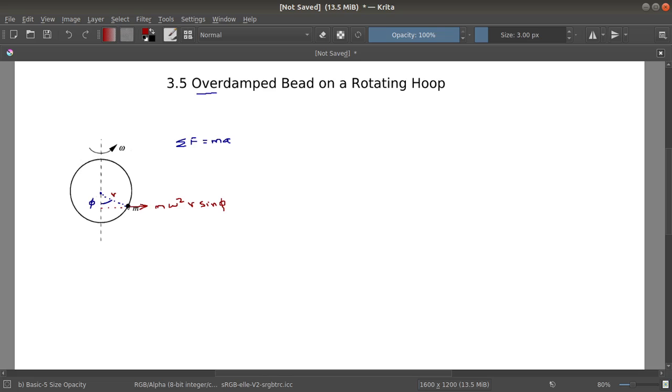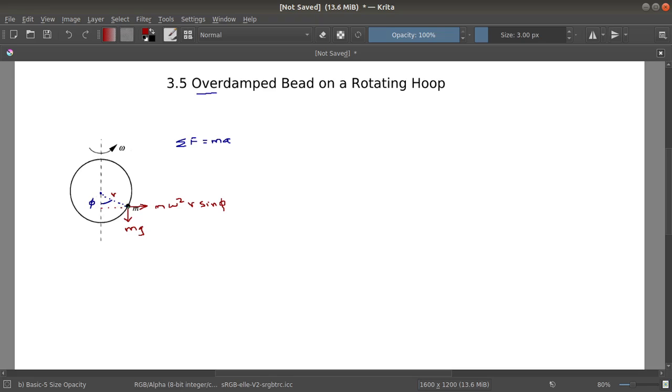What are the other forces? One force is the self weight, which is mg. Then this whole thing is immersed in a fluid. So whenever it tries to move in this direction, there will be a force opposing that, due to the presence of the fluid.